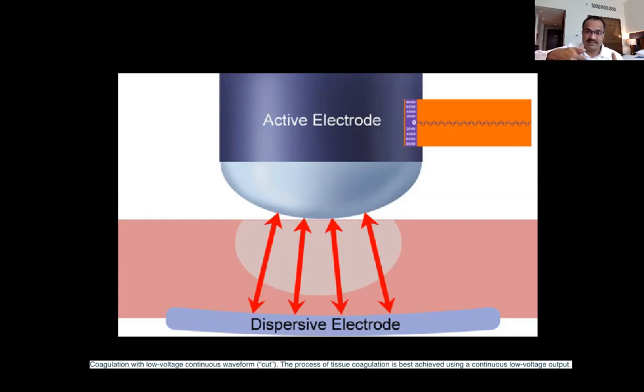That means it will desiccate the tissue, and it will desiccate uniformly. Earlier we saw vaporization. Now we are talking about desiccation. Desiccation is, suppose your vessel is bleeding and you want to stop it. If you use a cut current, even for desiccation, it gives a uniform spread because it is low voltage and it cooks the tissue well.